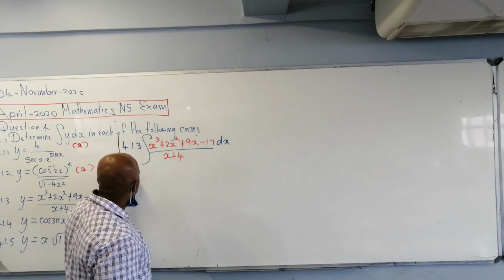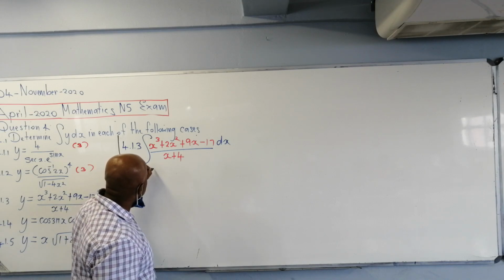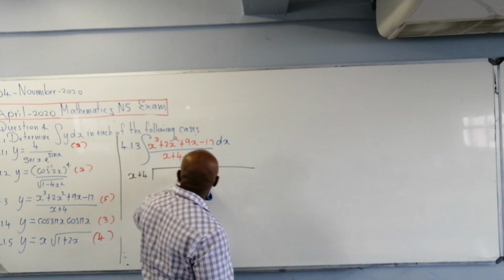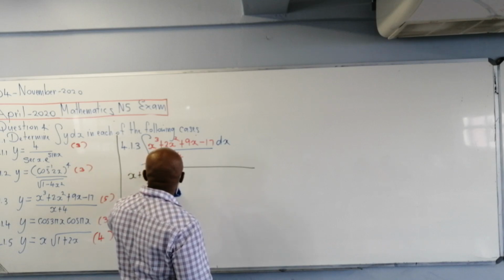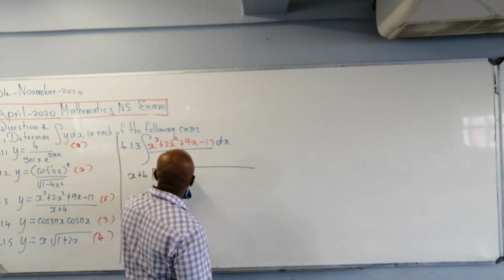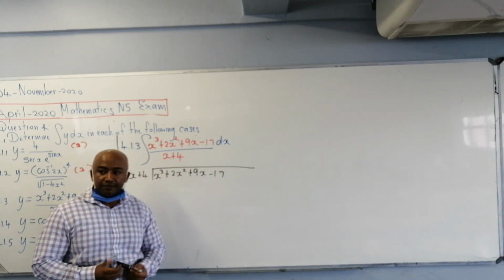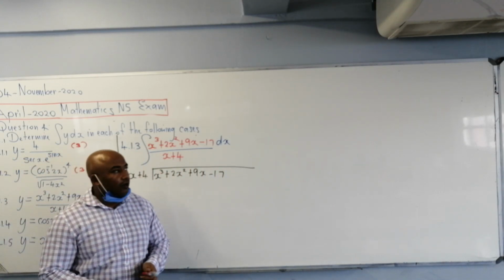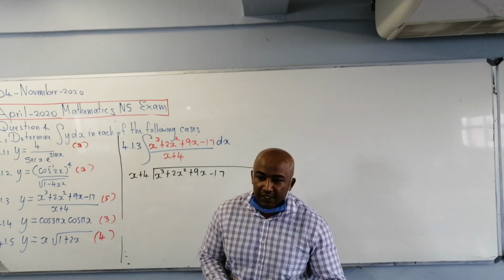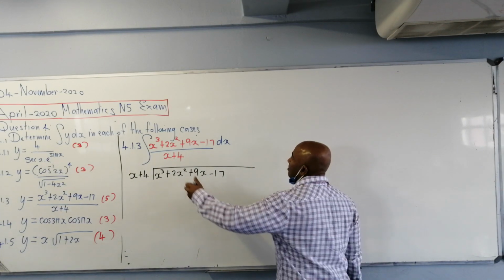But here, let's see, we got x plus 4, and then we have x cubed plus 2x squared plus 9x minus 17. Now, long division, 4 steps. We've done it before many times.